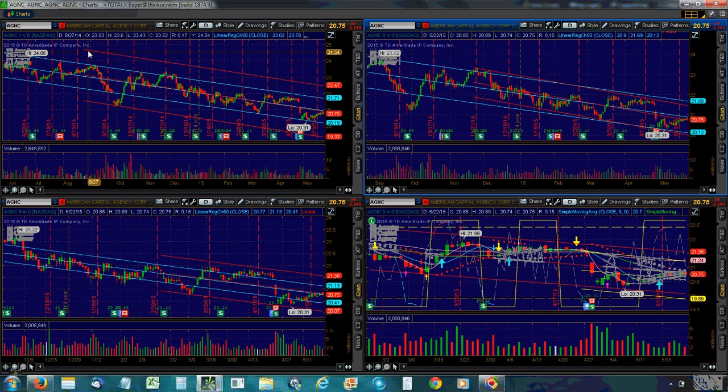It also has intermediate trend lines in each period. Lower left has a 6-month daily chart, and the lower right is the 3-month daily chart.